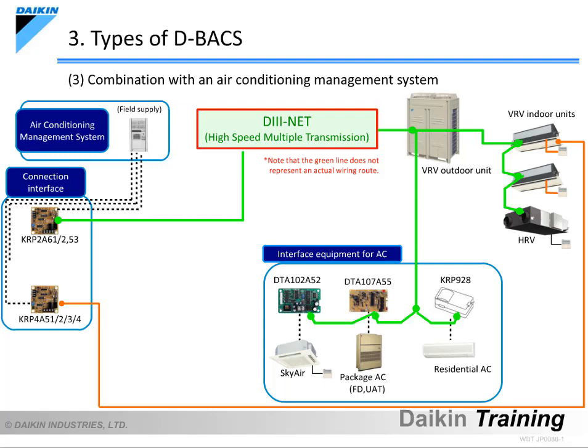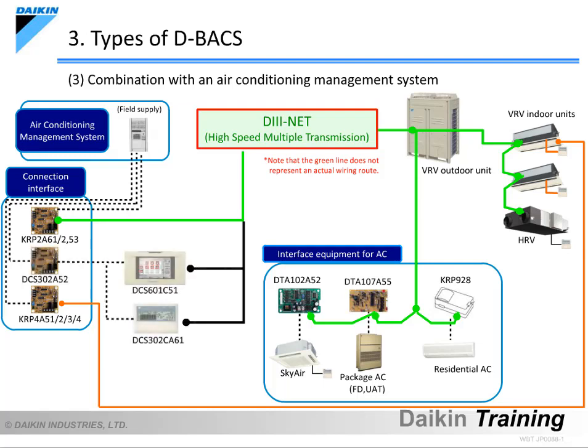Another type of adapter PCB is an interface between an air conditioning management system and D-BACS controllers, such as the iTouch Controller and Central Remote Controller, and it is used when controlling Daikin's medium to large-scale air conditioning system. With this type of adapter PCB, these D-BACS controllers can be collectively turned on and off by the air conditioning management system, as well as transmit malfunction signals to it.